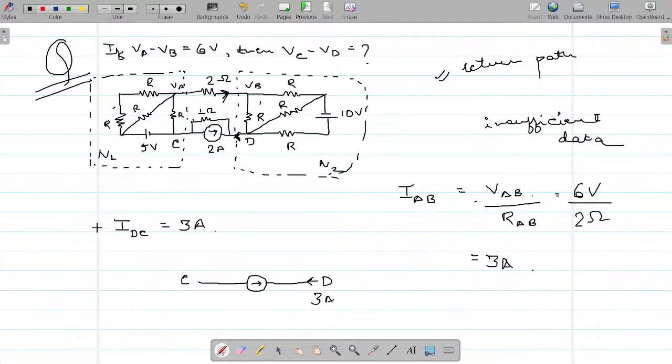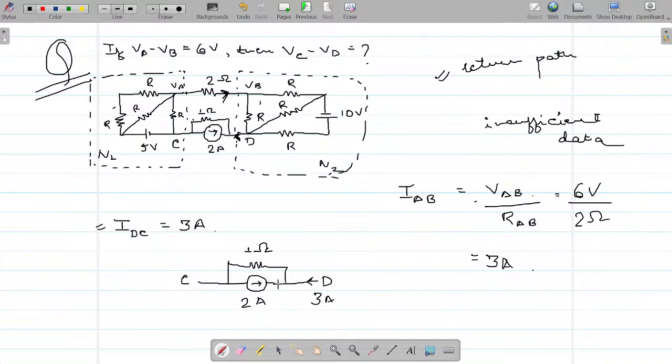Right? This is what we found out. Now, this is 2 amperes and this is 1 ohm. This is 1 ohm, this is 2 amperes, this is 3 amperes.